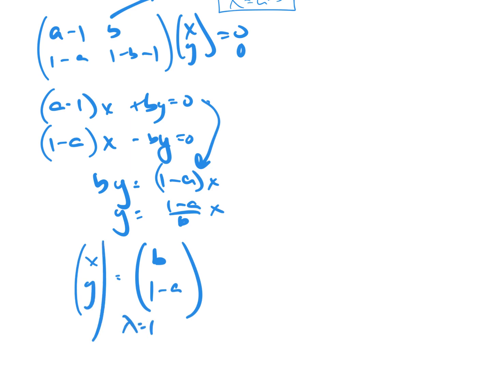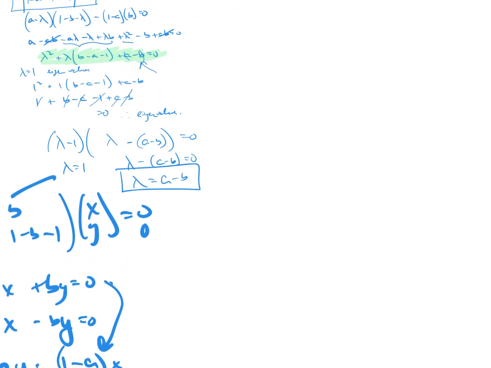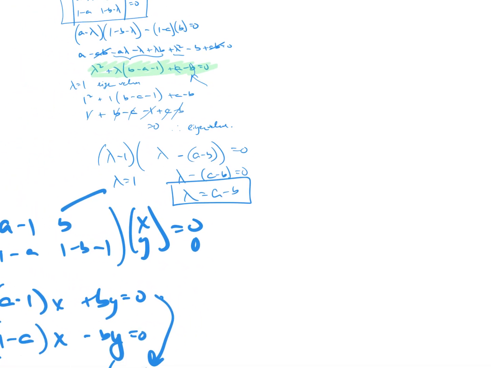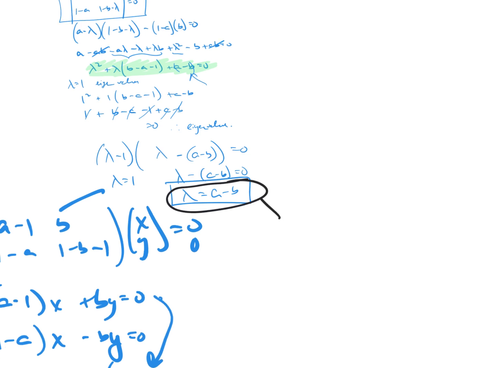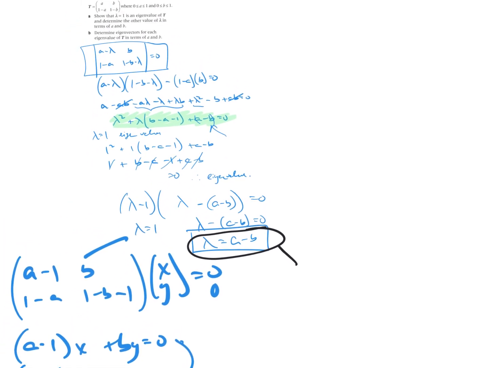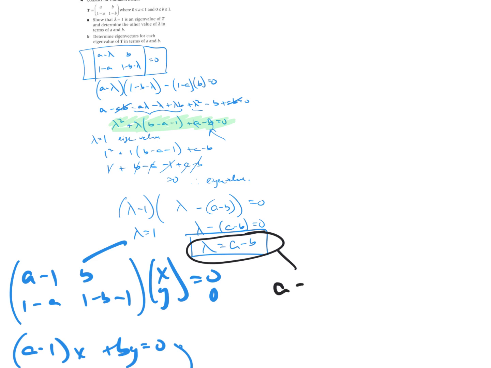If I go to the other scenario, I will take this particular eigenvalue and plug it into the matrix. So it's going to be a minus b, and then 1 minus a, and 1 minus b minus (a minus b).